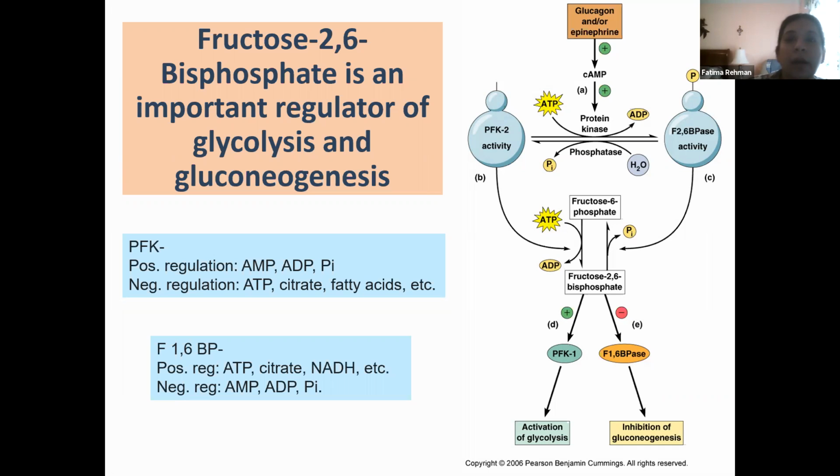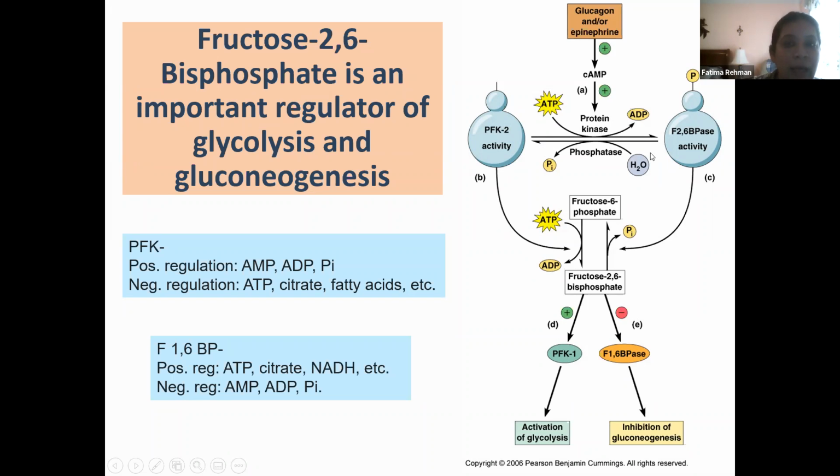gluconeogenesis is happening. This requires, again, a signaling cascade, which activates several proteins. The two proteins that it activates specifically are PFK2 and F2,6-bisphosphatase, which will then phosphorylate the fructose 6-phosphate into fructose 2,6-bisphosphate.